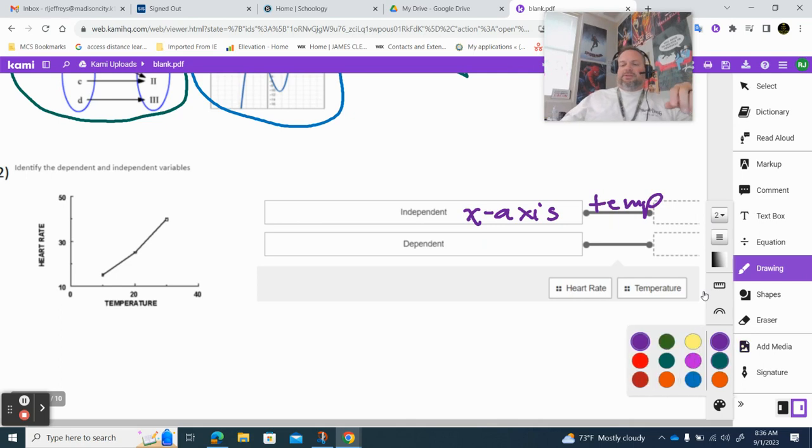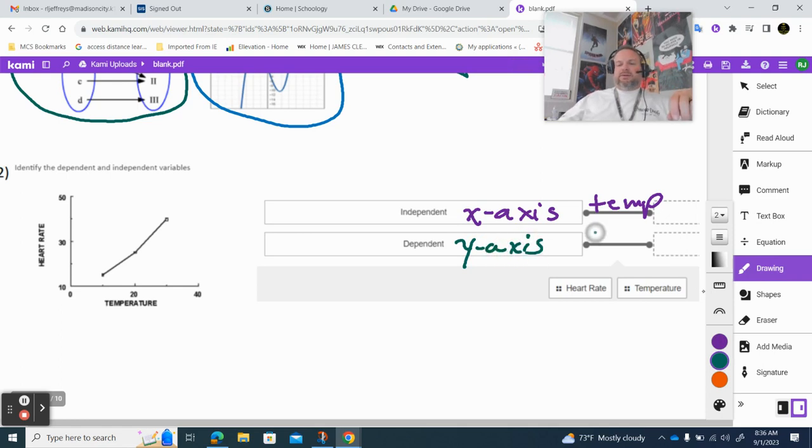Your dependent is always your y-axis. So this one is heart rate. Now, there's 2 choices. You had 6 attempts. If you got it wrong on the first attempt and there's only 2 choices, hopefully you would figure out, I just swap them.